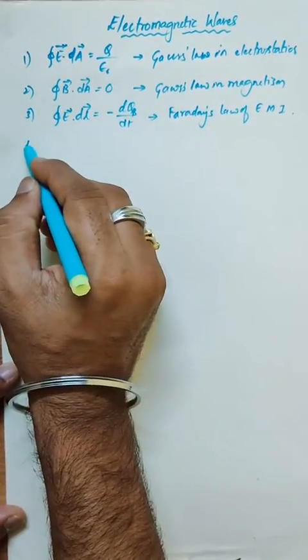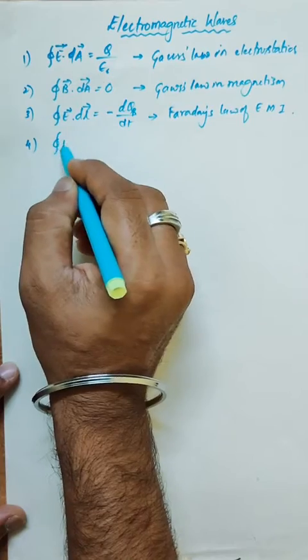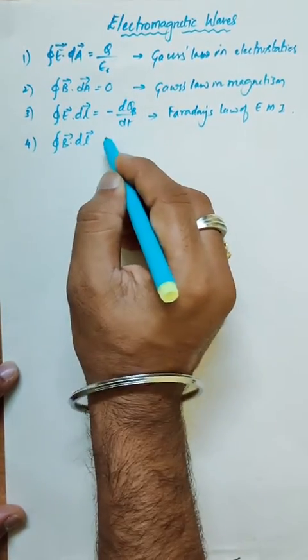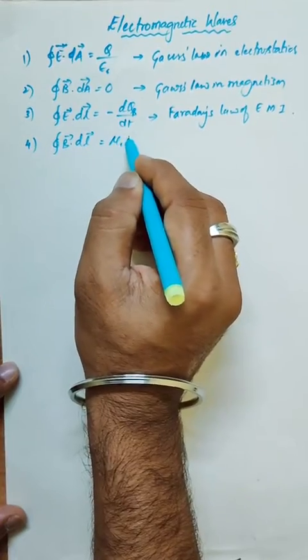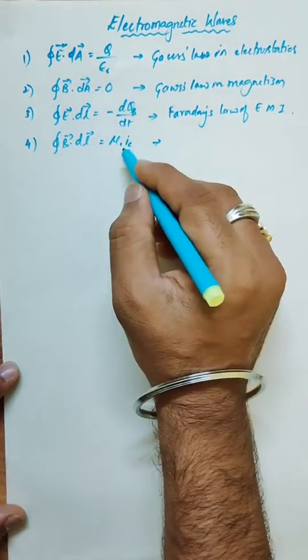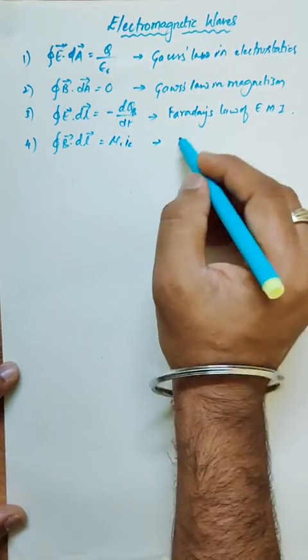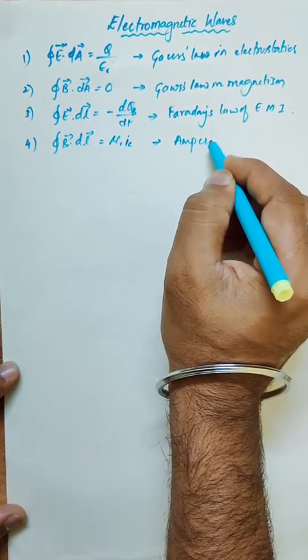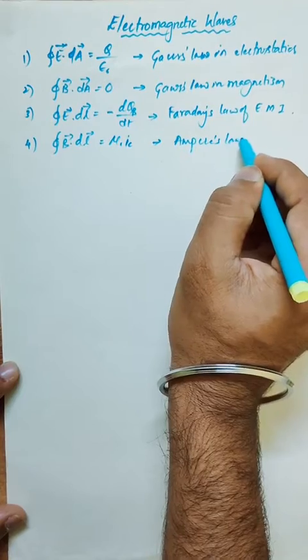Okay, number 4, the integration of B dot dL is equal to mu naught I C, that is conduction current. So that is Ampere's law.